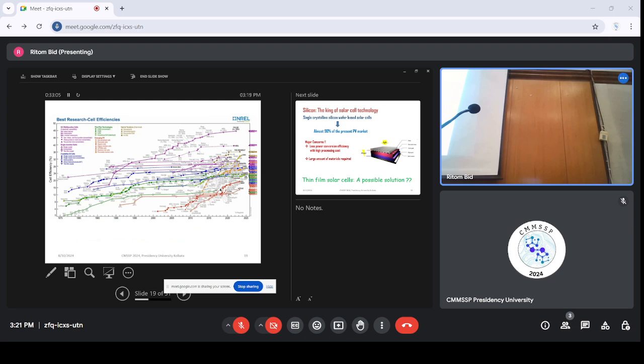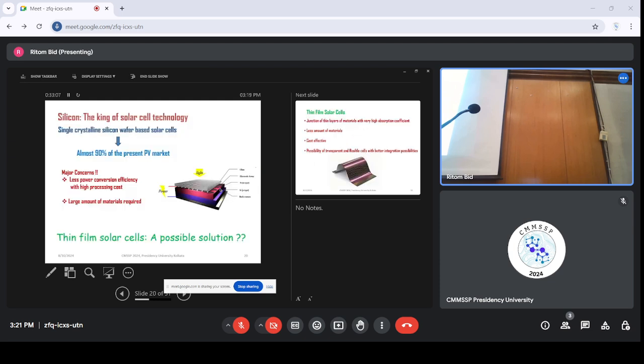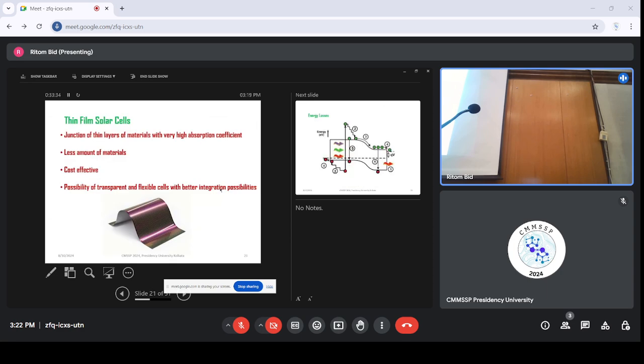Definitely, as I mentioned, the present photovoltaic market is dominated by crystalline silicon-based wafers, and the major concerns are less power conversion efficiency with high processing cost, which I already discussed, and a large amount of material is required, because for silicon you have to get a wafer. So a possible solution may be thin solar cells. So you need a very thin amount of material.